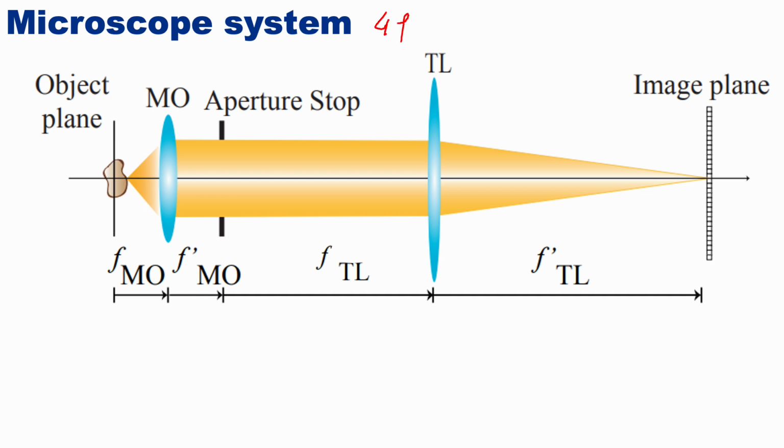We call it a 4F system because the microscope objective lens and the tube lens have the same focal length. So the propagation distance between the object plane and the image plane is equal to 4f. Microscope systems are similar, except that the two lenses can have different focal lengths.